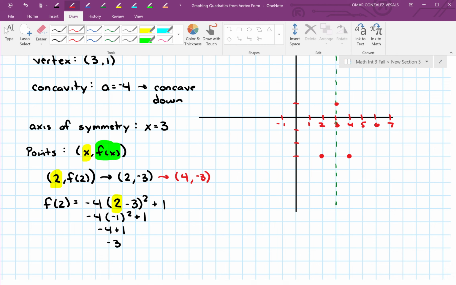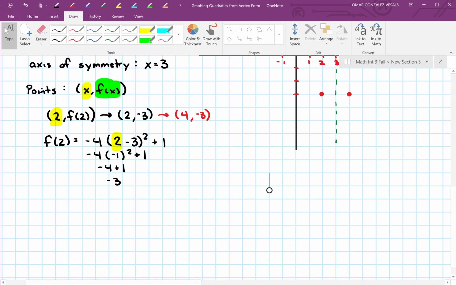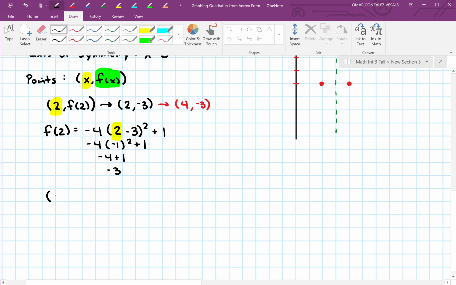I can even find another one, okay? So what would be the next point that you want to use here? 1 or 5? I'm going to go with 5. Okay, so I'm going to do the work right under it. So my next coordinate is 5, and I'm trying to find f of 5.